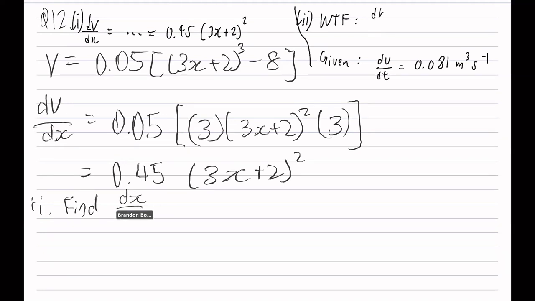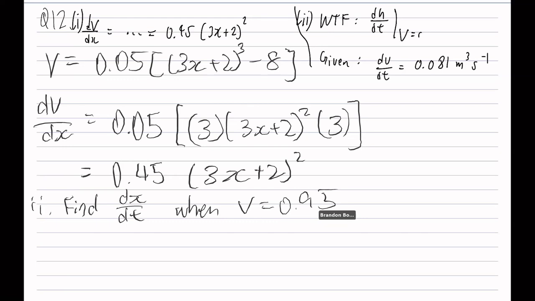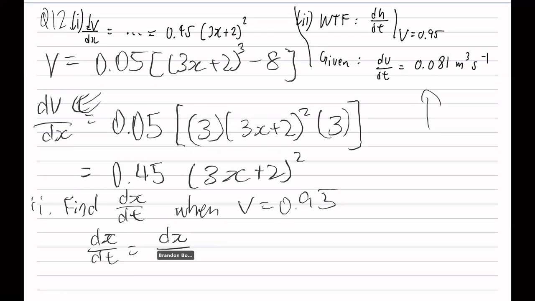Yes. Find dx over dt when we have this and this. dx over dt equals 2 dx over blank times. Oh, you use x. Hold on. Why do you use x? Find the rate at which, right. They gave the height as x. Sorry, you're correct. I was wrong.